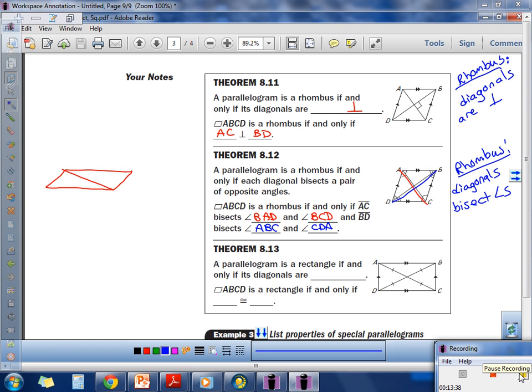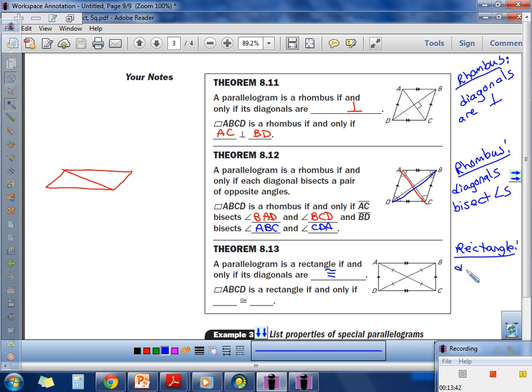All right, the last one deals with not a rhombus but a rectangle. So we're going to have a shortened little property for this rectangle. It says a parallelogram is a rectangle if and only if its diagonals are congruent, that's the key word. We already know they bisect each other because that's a property it steals from a parallelogram. But in this case, they're actually congruent.